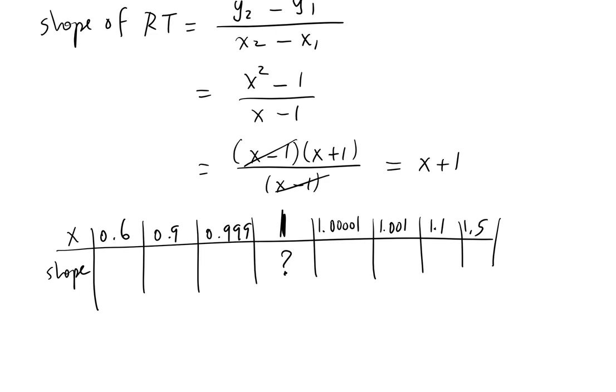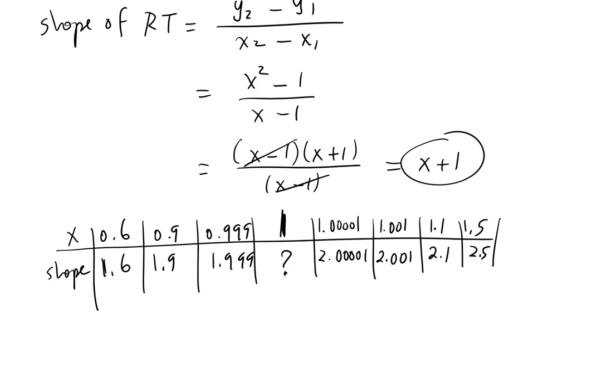Substituting them in, we get 2.00001, 2.001, 2.1, 2.5, and 1.999, 1.9, 1.6.